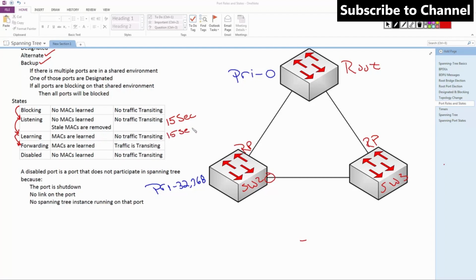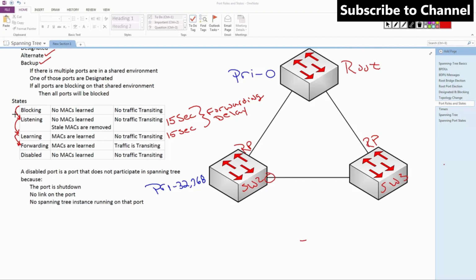This also by default is 15 seconds. Now, when you combine the listening and learning stages together, we call it the forwarding delay. And this makes sense because we're delaying our traffic from being forwarded during this time. So the forwarding delay is a combination of our listening and our learning stages.